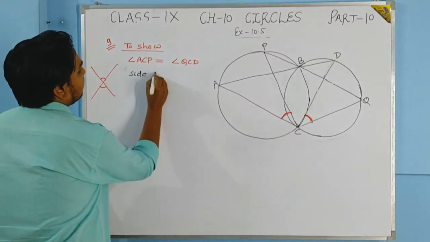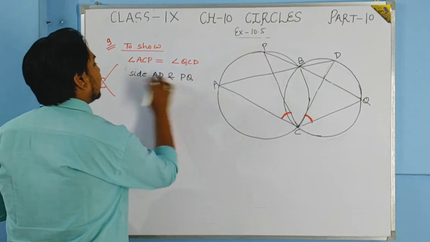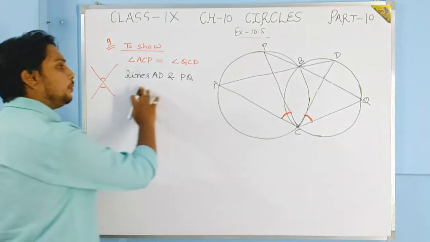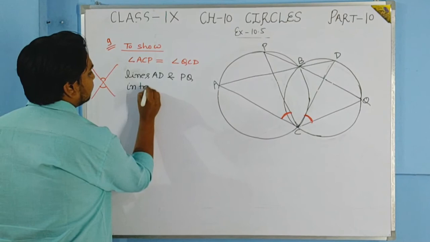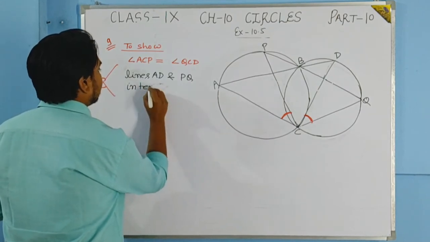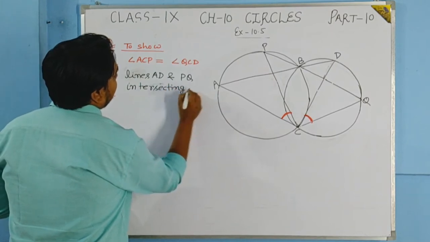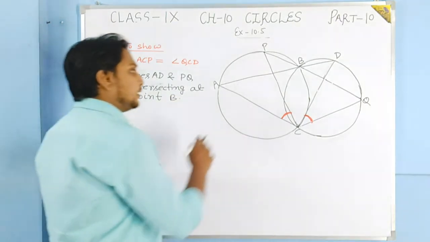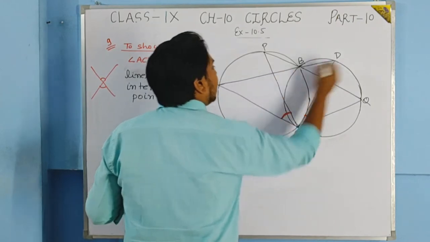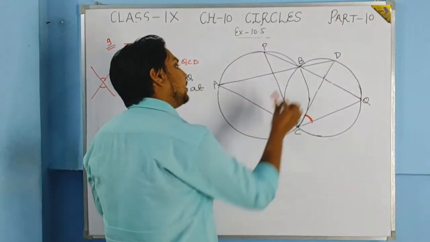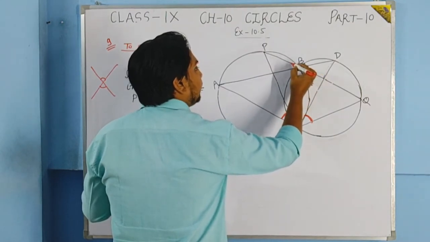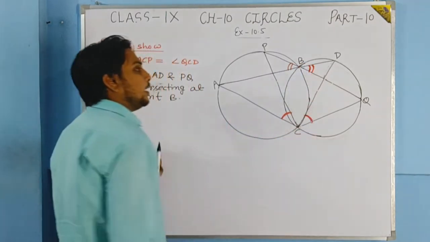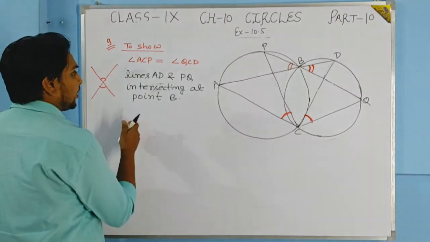Here you can write: line segments AD and PQ are intersecting at point B. So these two lines, this is the line AD and this is the line PQ, they are intersecting at point B. So students, if the lines are intersecting each other, then their vertically opposite angles should be equal to each other.